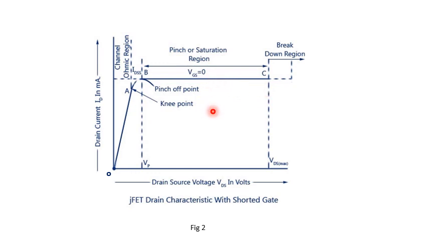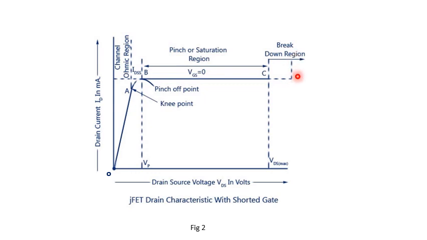When the drain source voltage is increased to a very large value and we keep increasing it continuously, then after some time the drain current becomes enormous, and this is called the breakdown region.